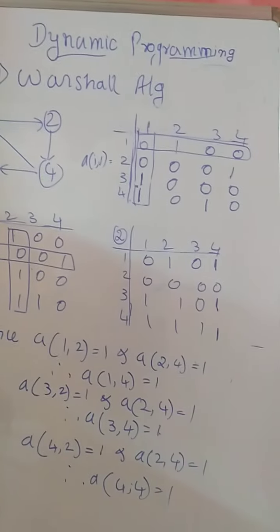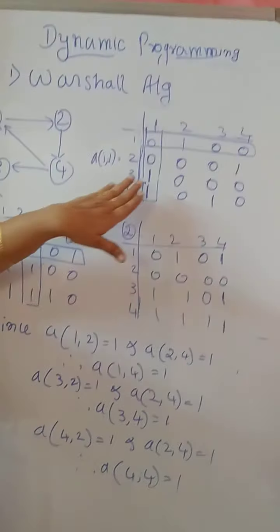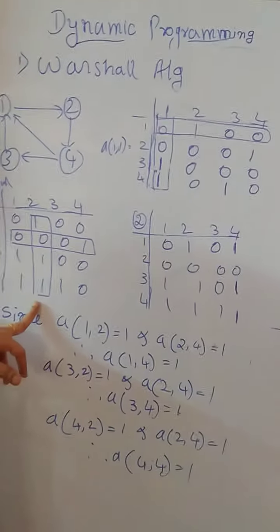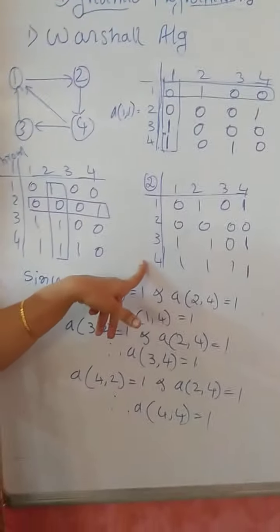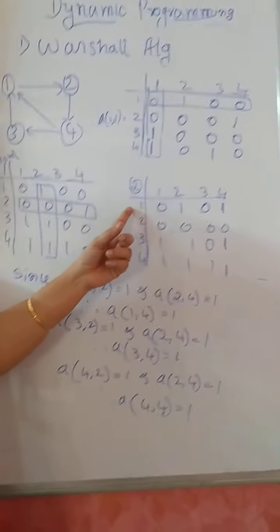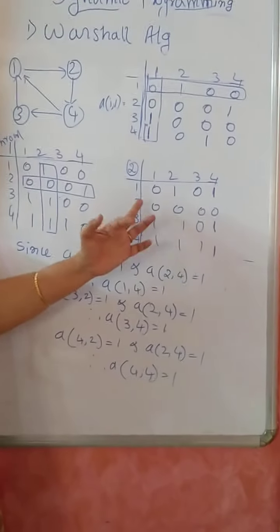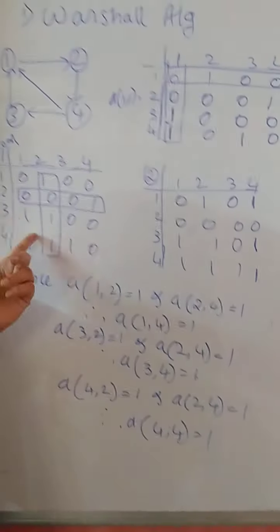See here what I told, the dynamic programming concept. I take one instance of the problem, solve it, store it in a table, and use the table's result for solving the next instance. The first instance is through 1, the second instance is through 2. For solving through 2, I am using the result of through 1.